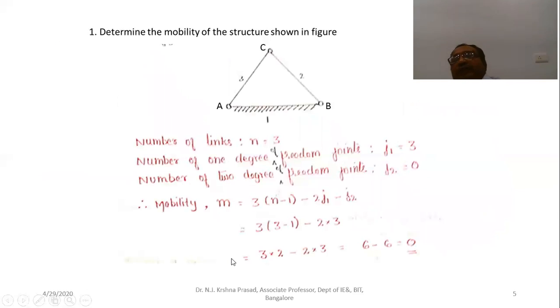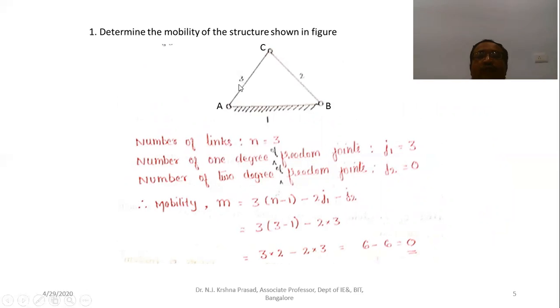And I move on to the first problem to find out the mobility of a structure. See, when the problems are given like this, first count how many links are there. So it is 1, 2, and 3. Total number of links is 3.